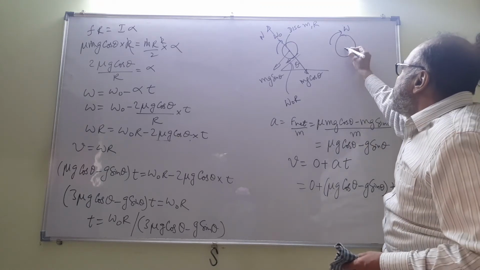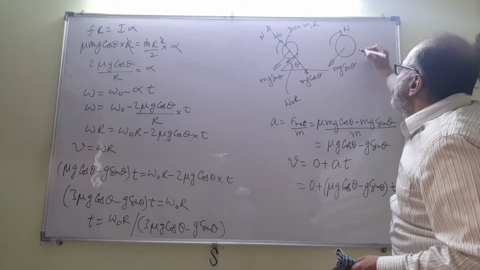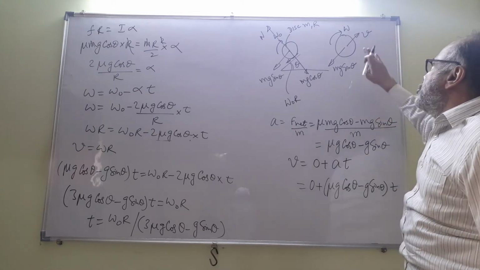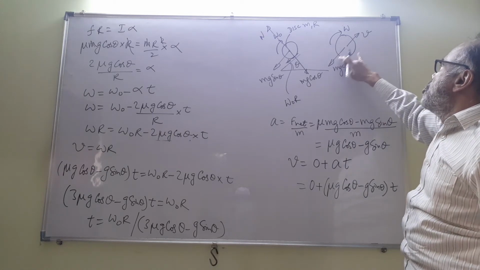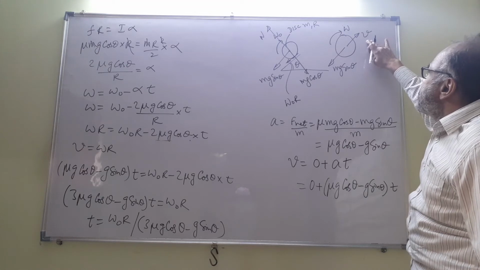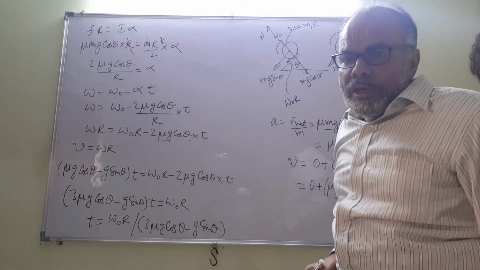But there is mg sine theta acting downwards. So V will decrease. There is no torque and there is a retarding force. So V will decrease and omega will remain the same.